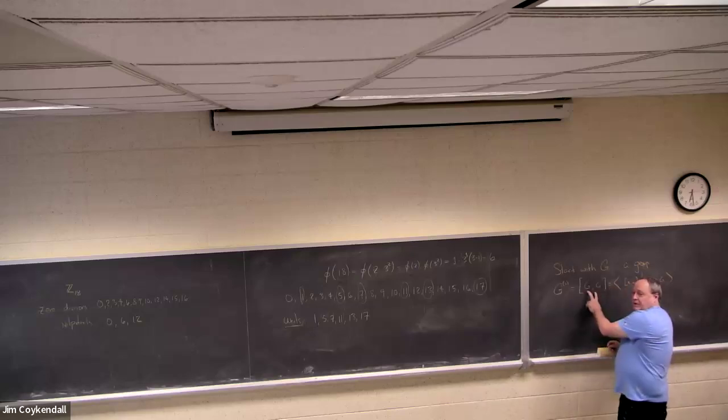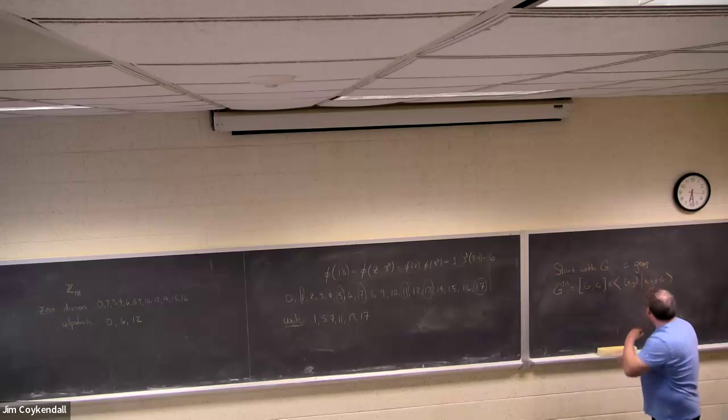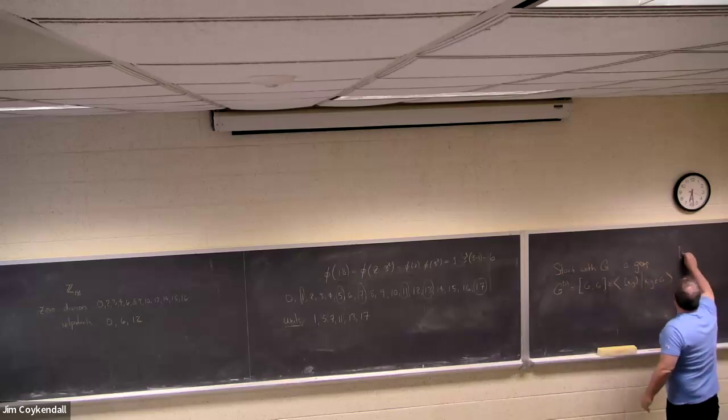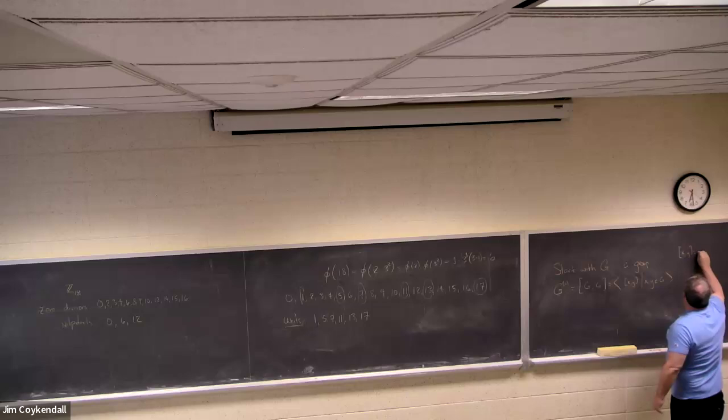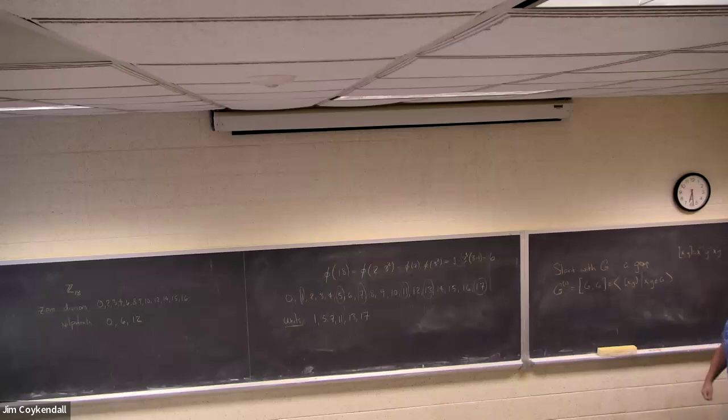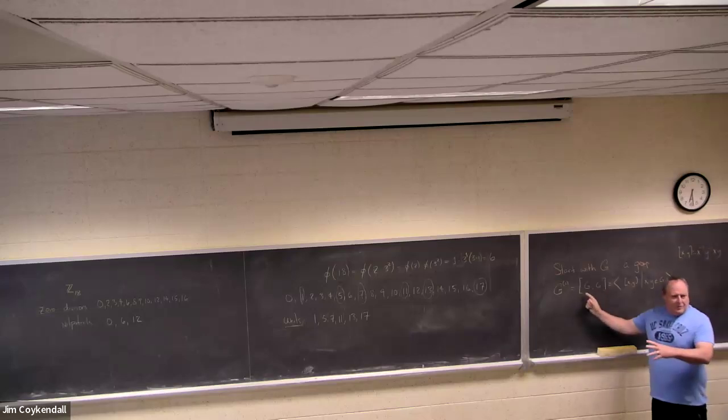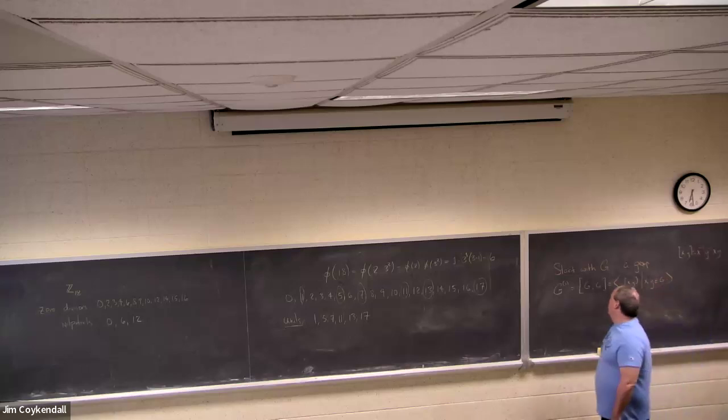Certainly, this thing is contained in G, because every one of these commutators is in G, so it's just a subgroup of G generated by them. And this may be small.